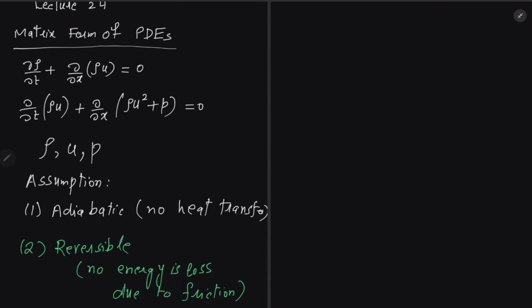Okay. With these two assumptions, we want to write an equation, and the equation is P equals K hat rho to the power gamma. This is not exactly the equation of state, which is written differently.